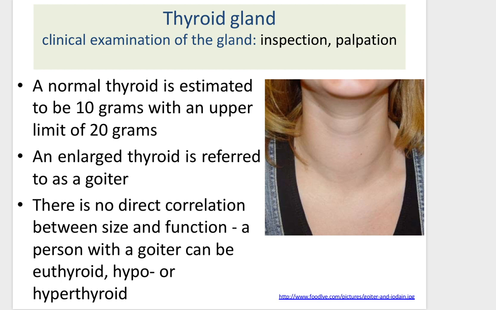Size can be enlarged, normal, or decreased, and in all these cases function can be normal, increased, or decreased. In a small gland there can be hyperfunction, in a big gland there can be hyperfunction, and all other situations. No correlation between these facts.